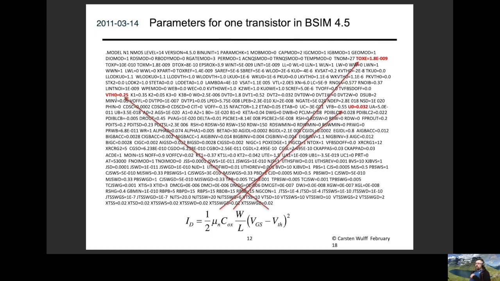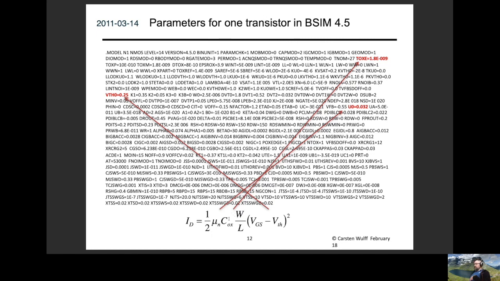The zero threshold, or VTH0, is 0.25 volts. And the mobility is 0.032. And, well, I don't remember what the unit for mobility is right now, but some sort of thing proportional to meters and speed, I guess. You can look that up.